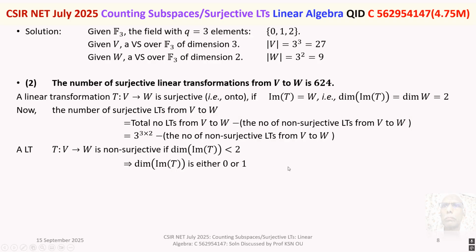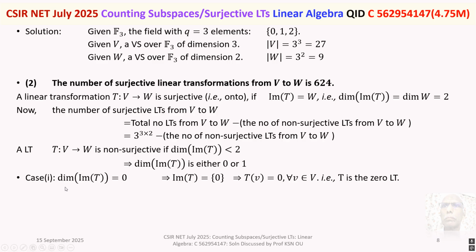Let us consider the first case, when the dimension of image of T is 0. Case 1. The dimension of image of T is 0. That means the image of T is trivial, that is the 0 vector only. It is the 0 space. That means T sends every element of V to 0.